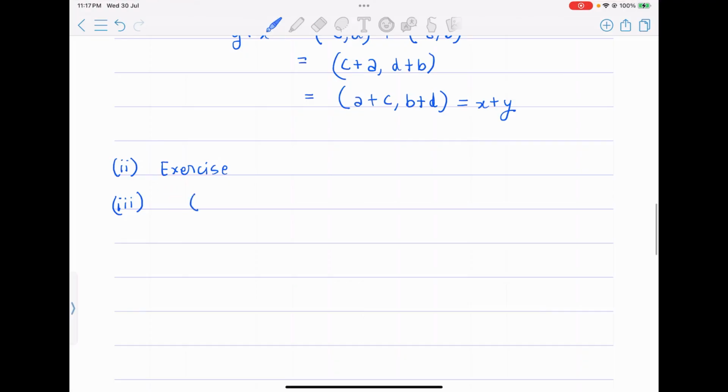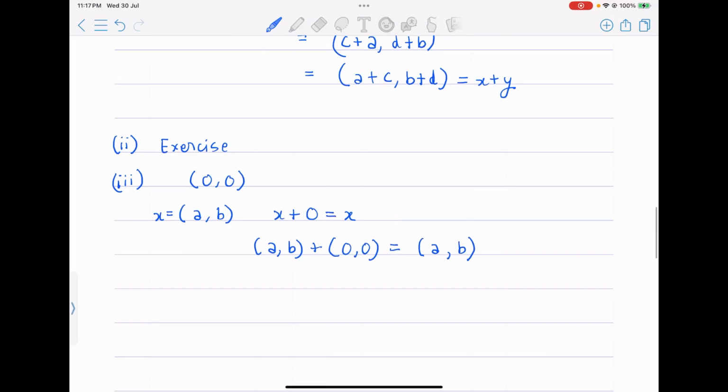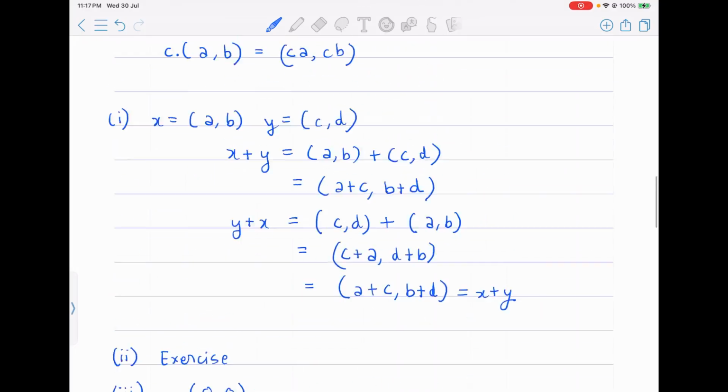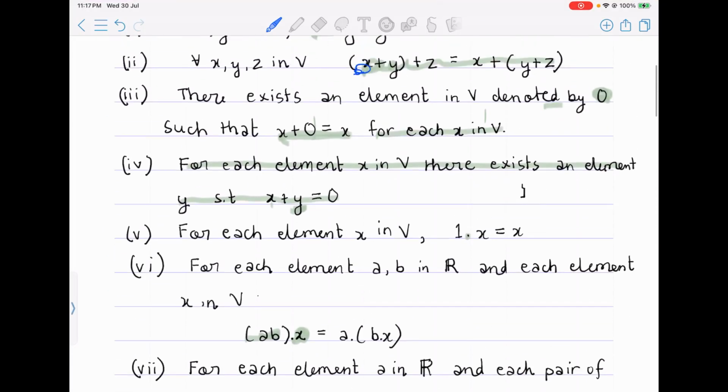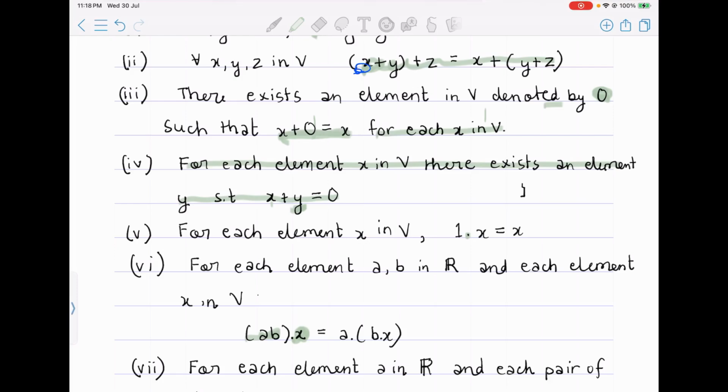So I am taking 0 as my this one. Okay, so let's see, you take a random vector x equal to (a, b), you see x plus 0, we should get x for all x. So (a, b), and my 0 is this element, (0, 0). So we are getting a plus 0 is a, b plus 0 is b, so we are getting back x again. So the third one is also verified: x plus 0 is equal to x.